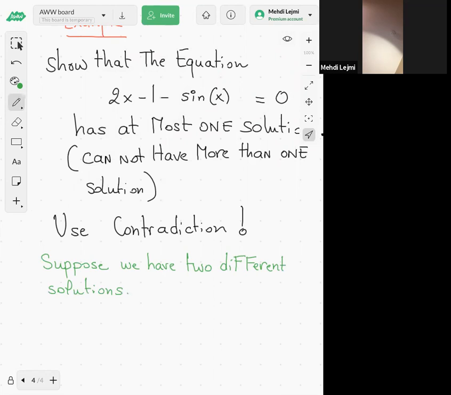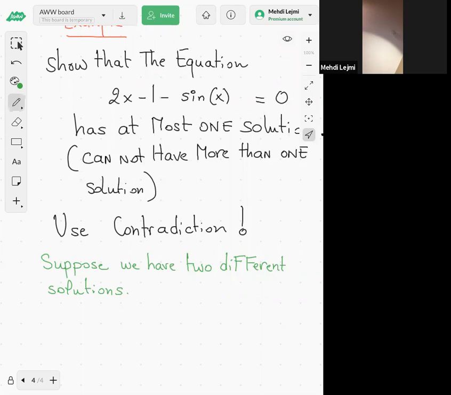Then I'm going to try to use the theorem, and I will show you how, and I'm going to get something which is a contradiction.